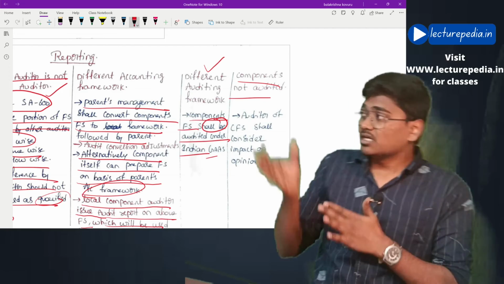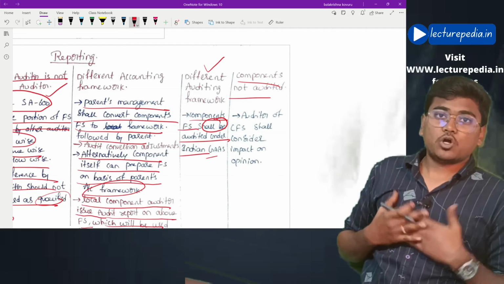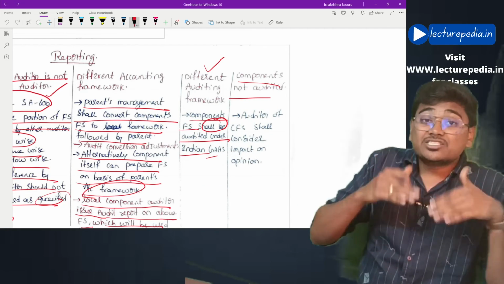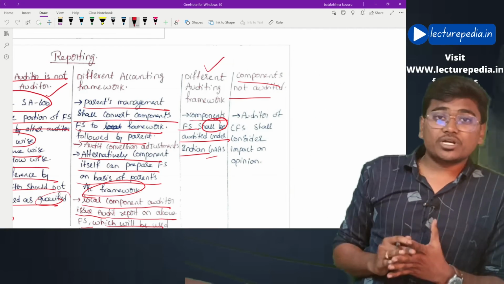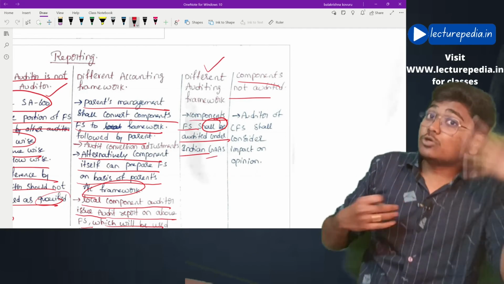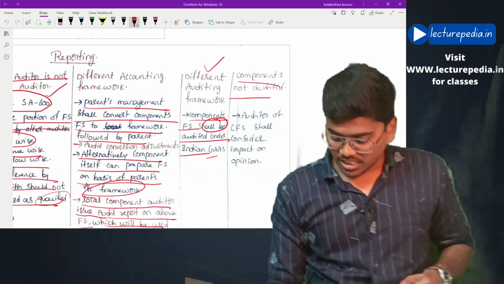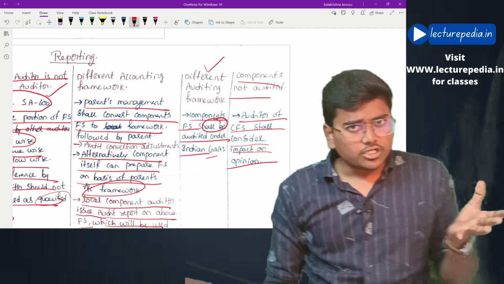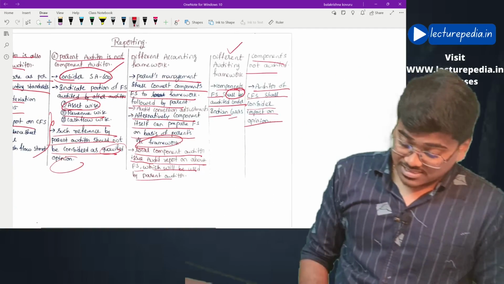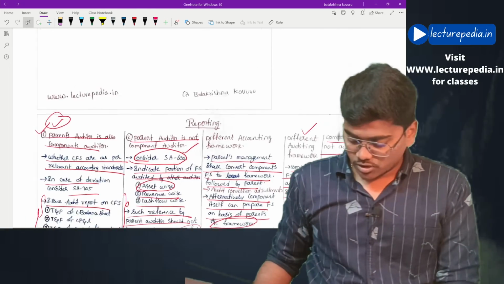Because if the component's financial statements are not audited, the auditor of the consolidated financial statements is not able to obtain sufficient appropriate audit evidence regarding that particular component. In this case, he might have to modify the opinion, so he has to consider SA 705 in this situation. The auditor of consolidated financial statements shall consider the impact on the opinion. Hope this is clear. This is the reporting requirement as per consolidated financial statements.